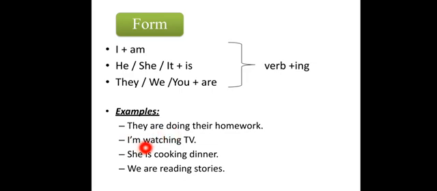I am watching TV. The subject is I, we used am and then watch plus ing. She is cooking dinner. The subject is she, followed by is and the verb cook plus ing. We are reading stories.